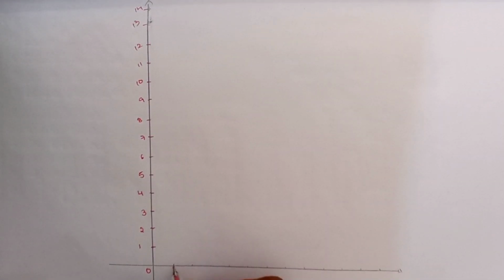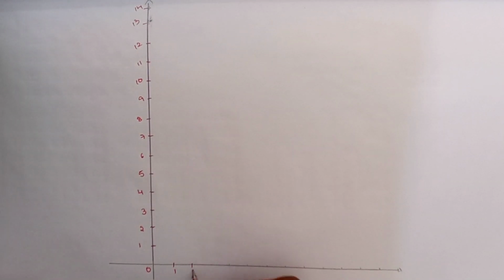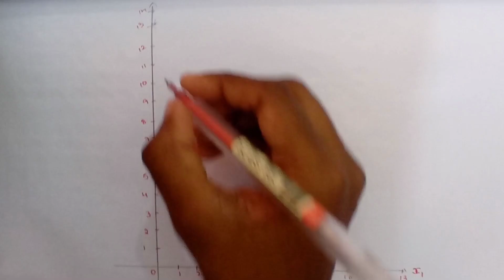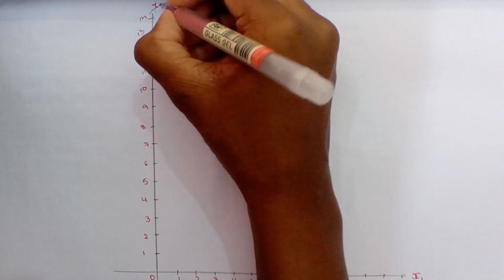On the other axis, let me name it: 1, 2, 3, 4, 5, 6, 7, 8, 9, 10, 11, 12 and 13. So this axis we represent as the x1 axis, and this as the x2 axis.